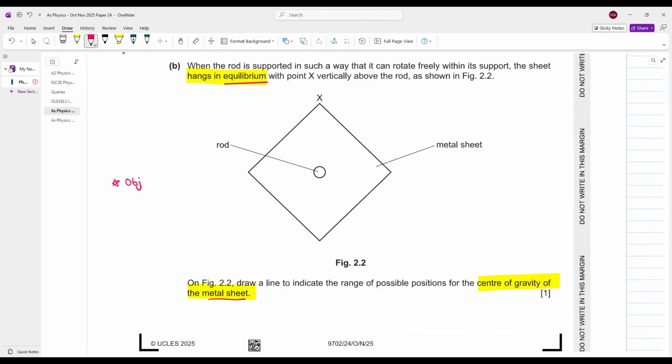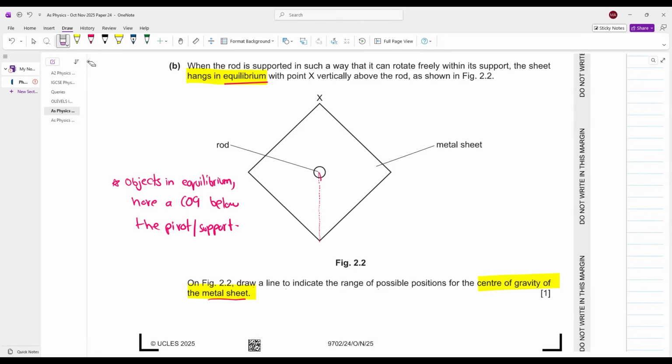Objects in equilibrium or objects in stable equilibrium have a center of gravity below the pivot/support. बेटा, आपका जो भी ऑब्जेक्ट स्टेबल इक्विलिब्रियम में होगा, it will have a center of gravity below the support.